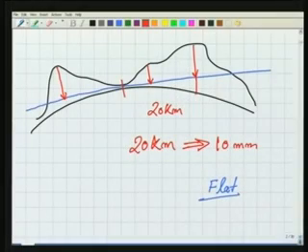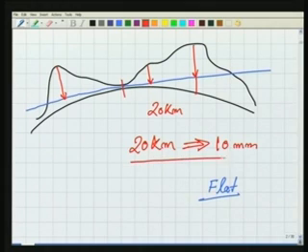For all those cases, we can consider our earth to be flat, because it doesn't matter. The differences in the distances is very less whether you consider it flat or not flat. Okay. So this kind of surveying, when we consider our earth to be flat, is called plane surveying.